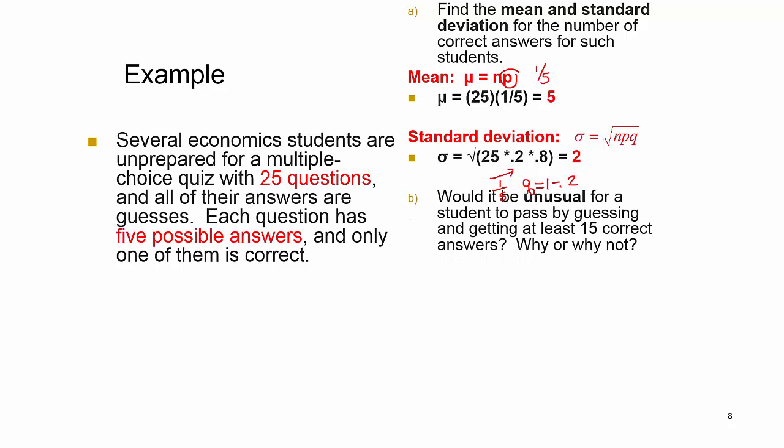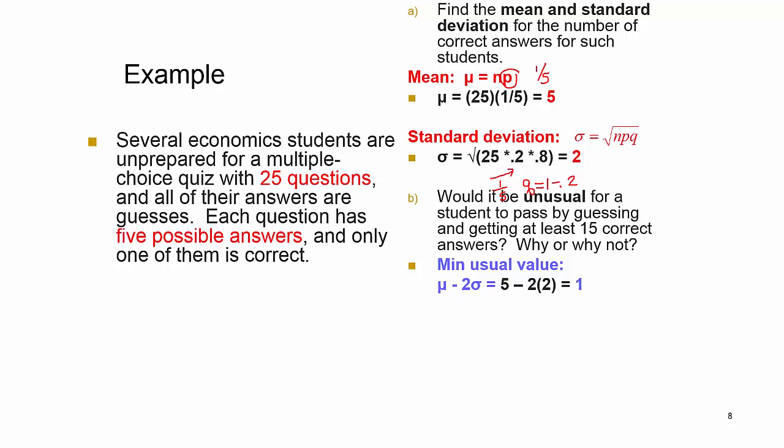Is it unusual for the student to pass by guessing and getting at least 15 correct answers? Well, let's focus on what the range of usual values would be. The minimum usual value would be the mean minus 2 standard deviations. 5 minus 2 times standard deviation 2 is 1.